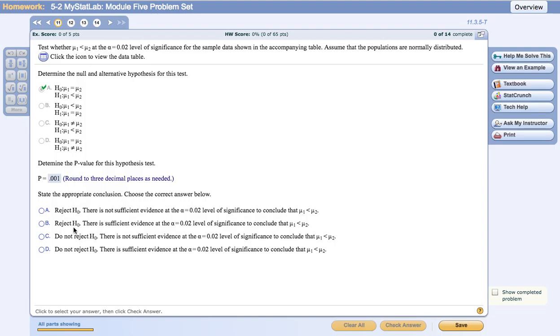We're rejecting that, so we're stating that we do have sufficient evidence to conclude at the alpha level 0.02 that mu1 is less than mu2. So let's check that out. All right, that looks good.